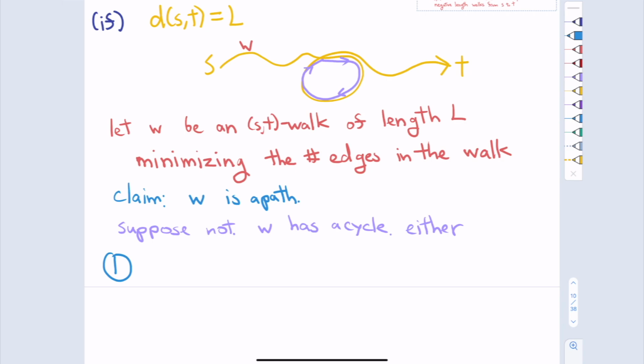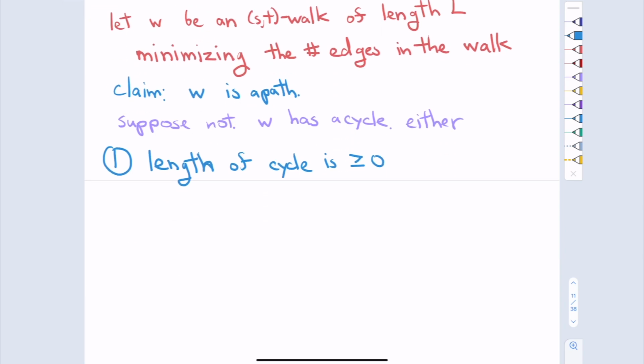In one case, the total length of the cycle, if I add up the lengths of all these segments, is at least 0. And the other possibility is that the length of the cycle is less than 0.